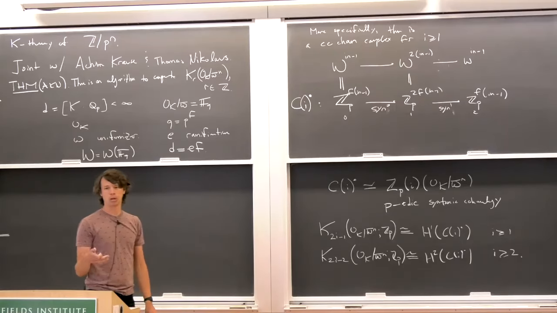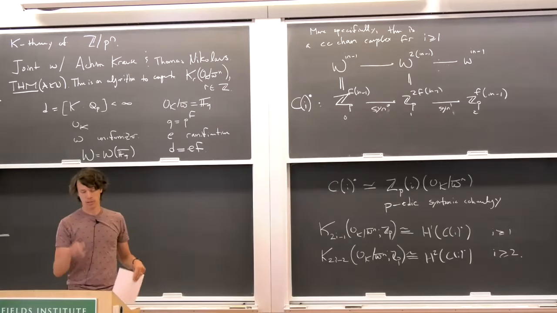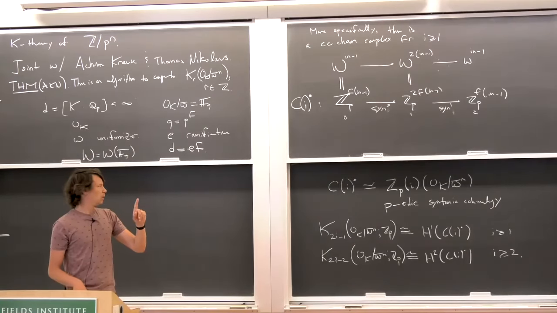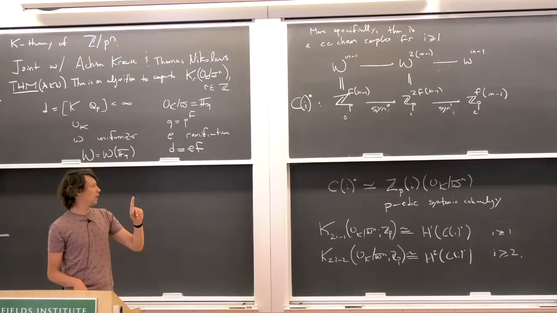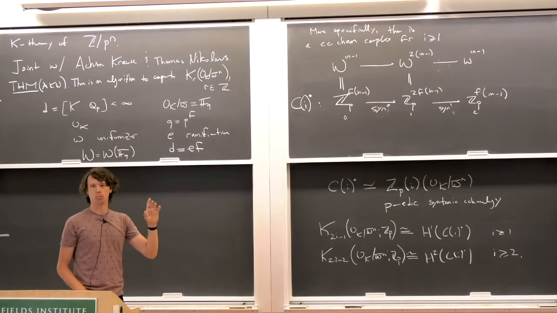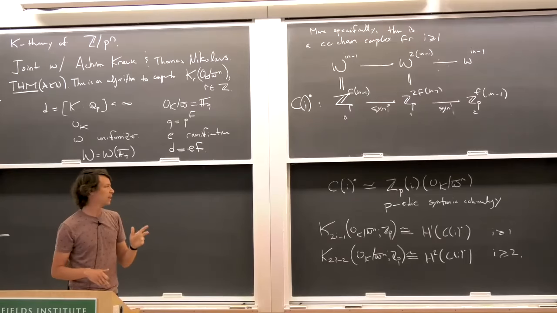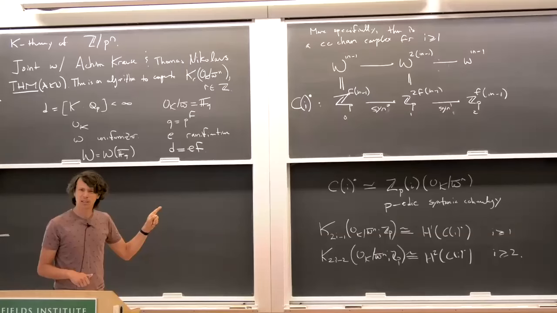Well, it's the p-complete K. Oh, I'm sorry. Thank you. The first question was about p-adic precision, and the answer was there's no problem with p-adic precision. We can figure out what we need beforehand. The second question was what?